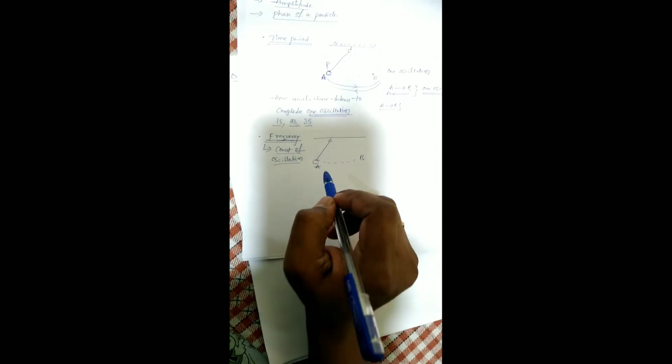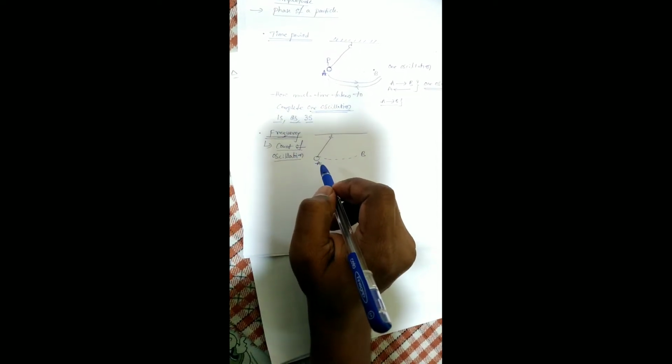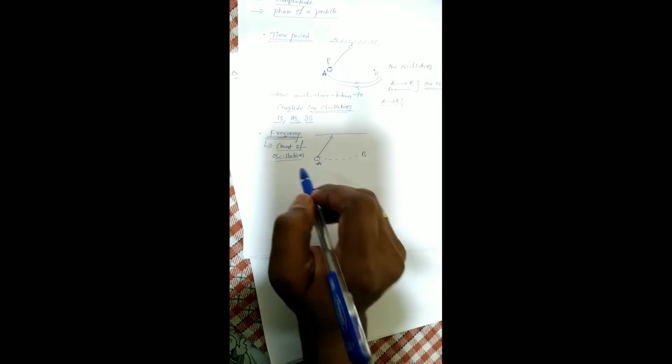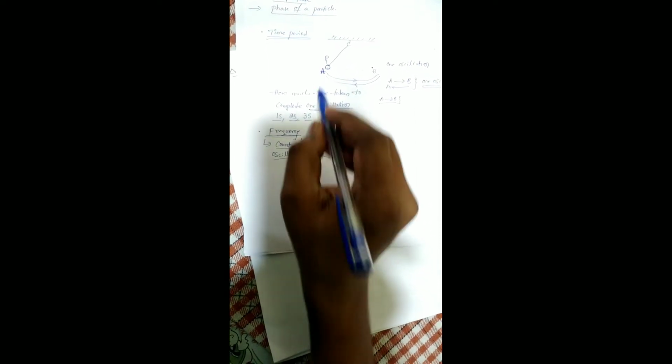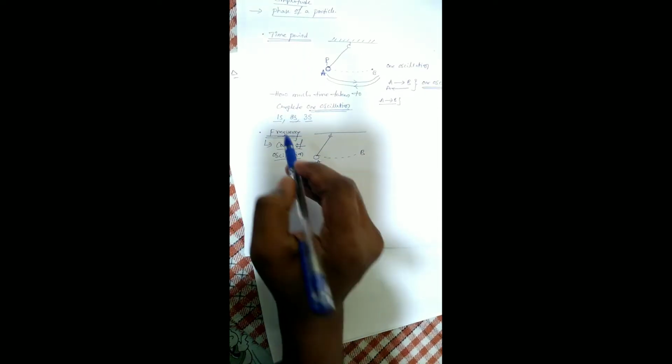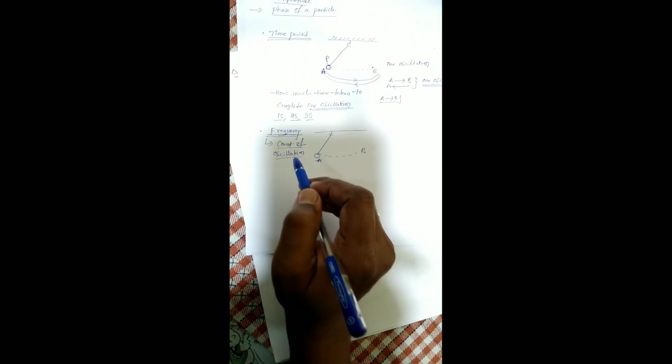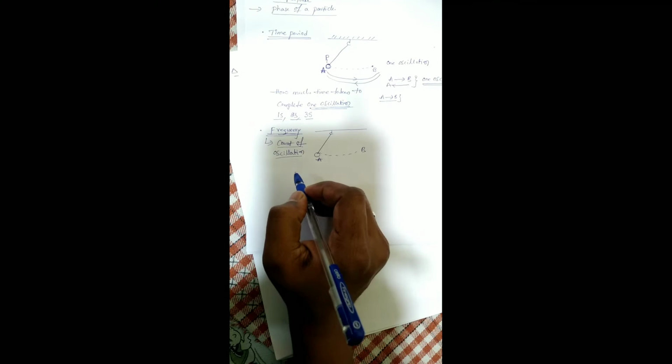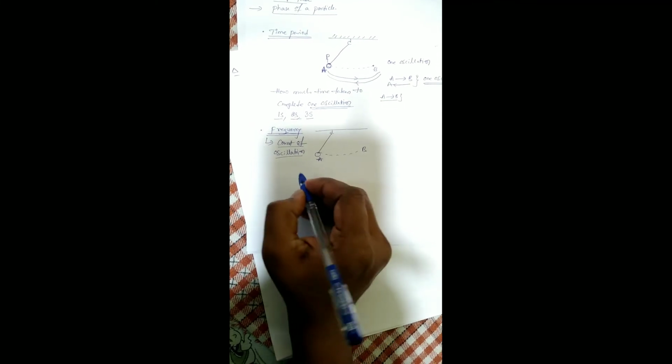Time taken to complete one oscillation is called time period. Frequency means the number of oscillations taken for 1 second.